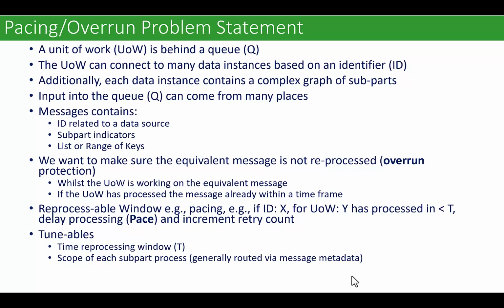For example, if you're building or rebuilding an e-commerce product search index, that could take a really long time, and you don't want to overrun it. And if you've just finished it and you get the message to do it again, you probably don't want to start that right away.